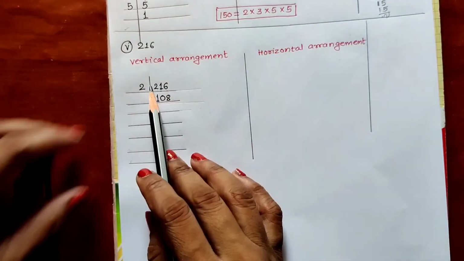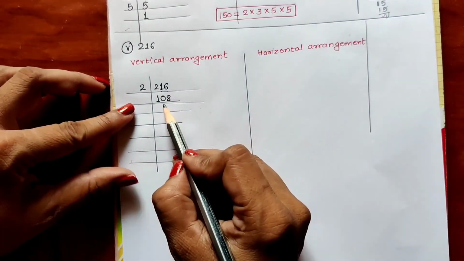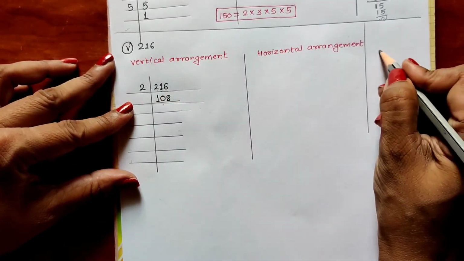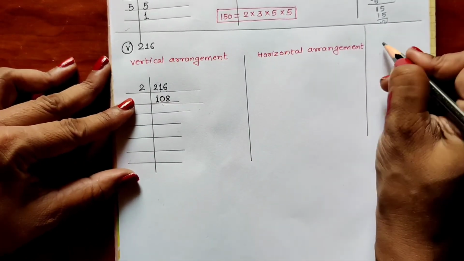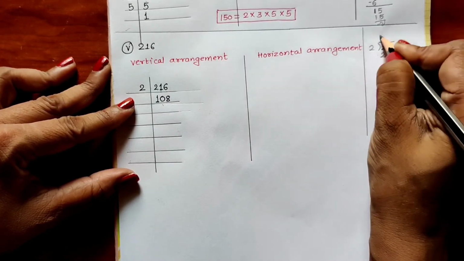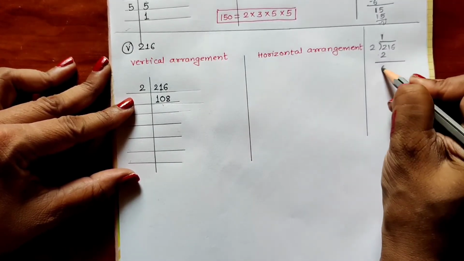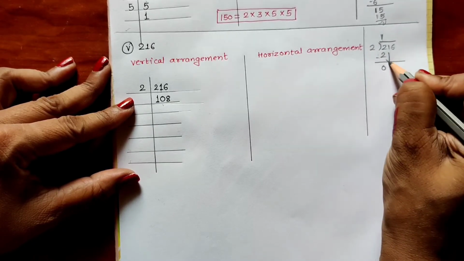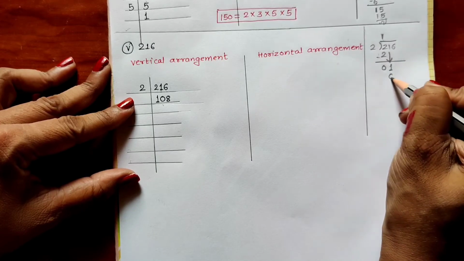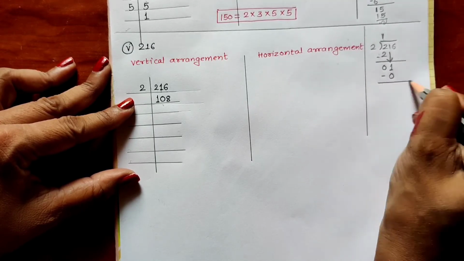We have got first factor as 2. For getting second factor we have to divide this 216 by 2. So 216 divided by 2. I will be dividing here. 2 1s are 2. We write this 0. Then 1 we carry down. 1 is smaller than 2. So we write 2 zeros are 0.